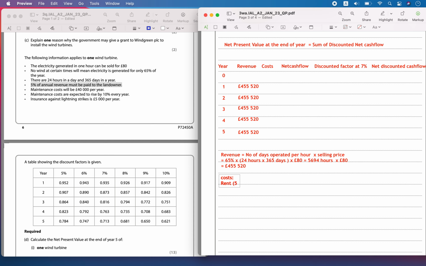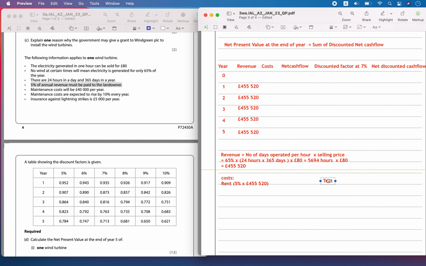So 5% of this revenue, 5% of 455,520 pounds, is going to be paid as the rent, or it must be paid to the landowner.